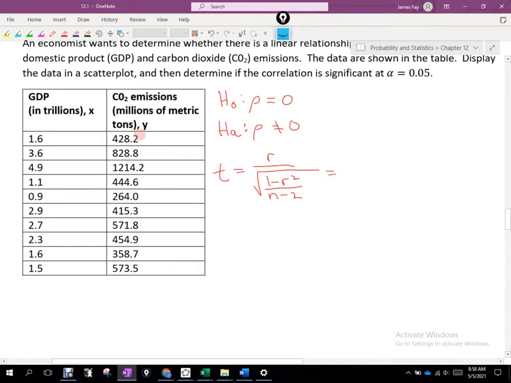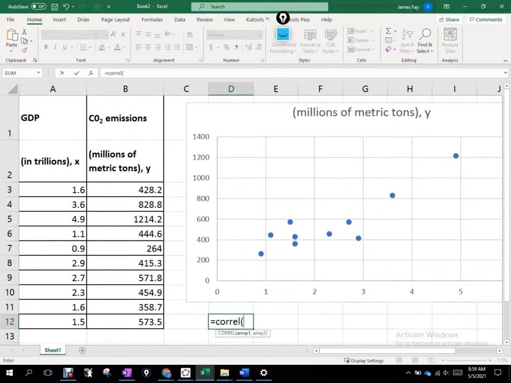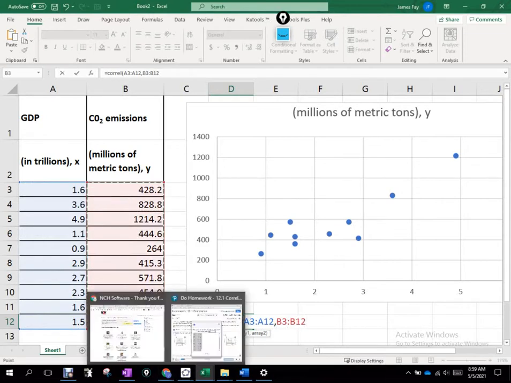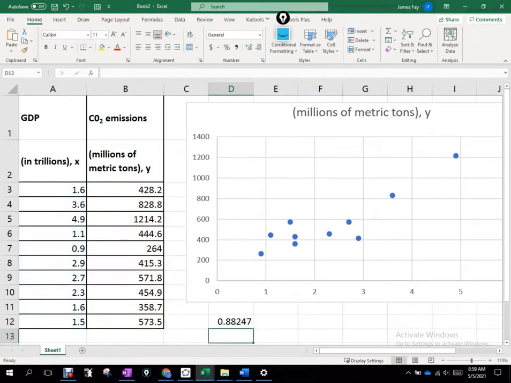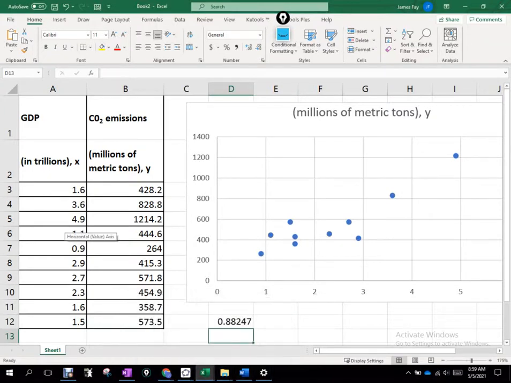I find it by taking this data and finding the correlation coefficient. Well, that data is already in here. So in one of these cells I'm going to type equals CORREL, highlight that column, hit comma, highlight that column, and close it off. My correlation coefficient is 0.88. I'm just going to round it, 0.8825.